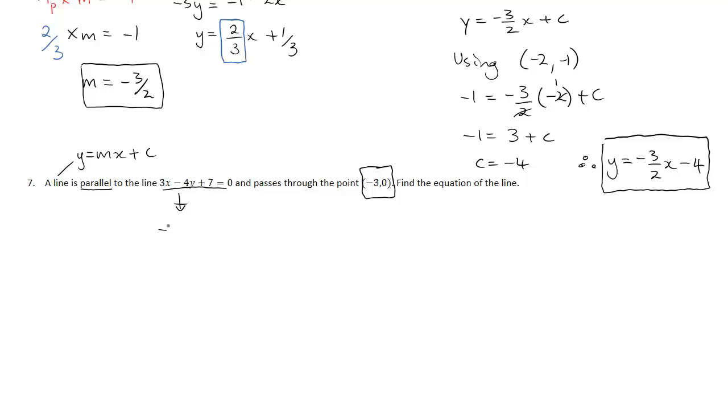We're going to need to extract the gradient from it. So we need to move both this term here and that term there over to the other side of the equal sign. When we do that, it becomes negative 3x minus 7, and then we divide everything by negative 4. So 3x over 4 plus 7 over 4.